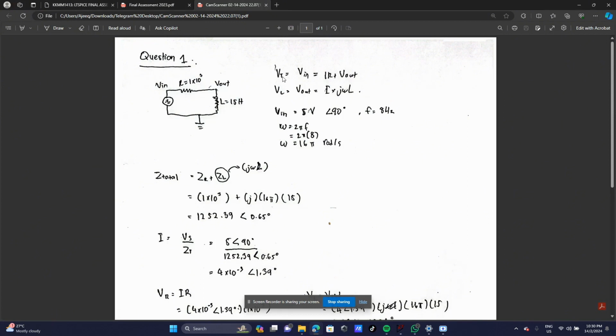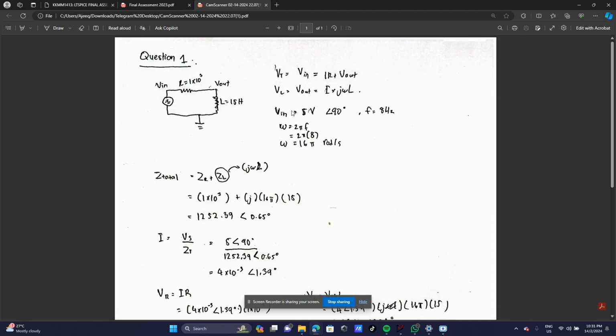So VT equals V input equals IR plus V output. And then we have VL equals V output equals I times jωL. So we know that I is the current, R is the resistance, and omega is what we will get with our values that have been inputted.